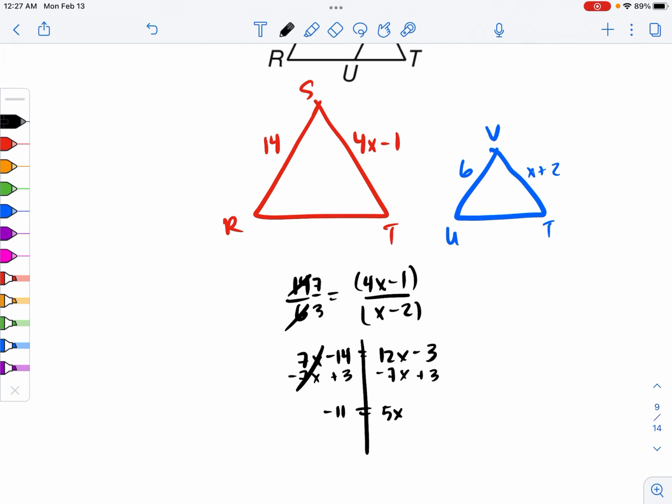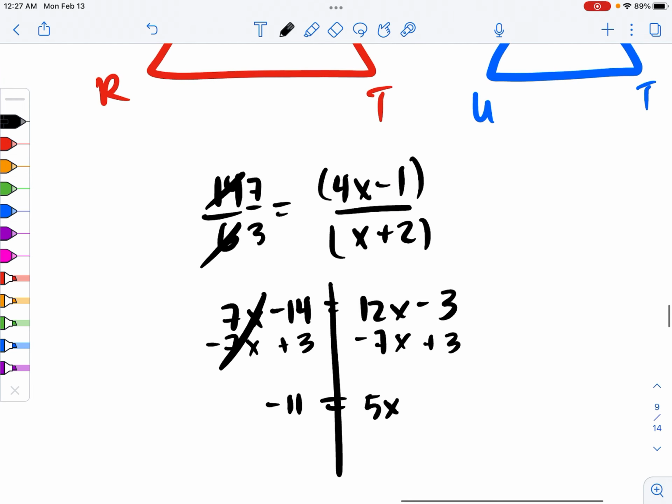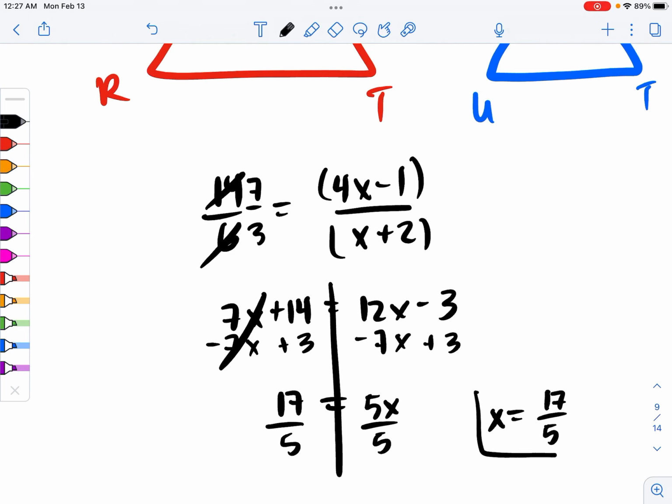There it is. It's supposed to be a plus 2. So this is messed up a little bit. When I cross multiply, this should be a plus 14. And this is now 17 divided by 5. And x is equal to 17/5.